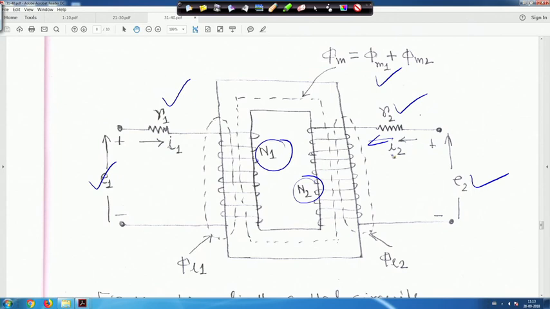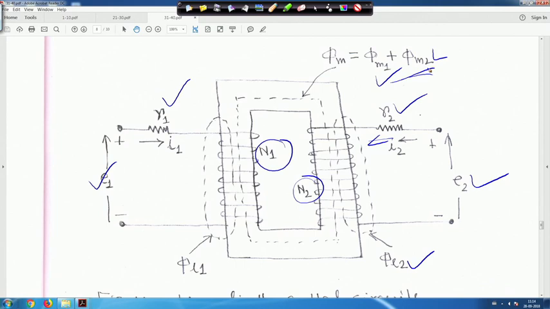Similarly, when you have current I2, the self linkage flux will be phi L2, and because of this current some flux phi M2 will also link this coil. So phi M is equal to phi M1 plus phi M2. If you apply the right hand rule, you will find these two are additive.